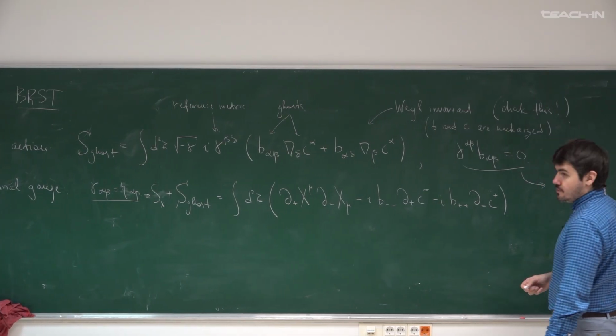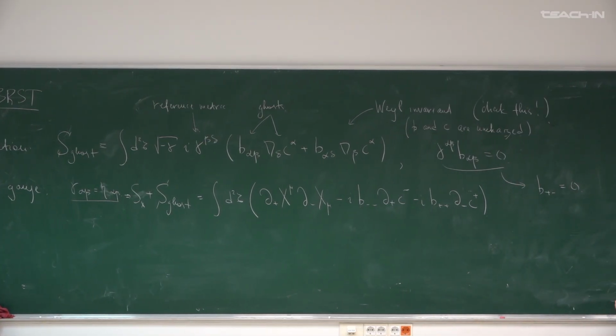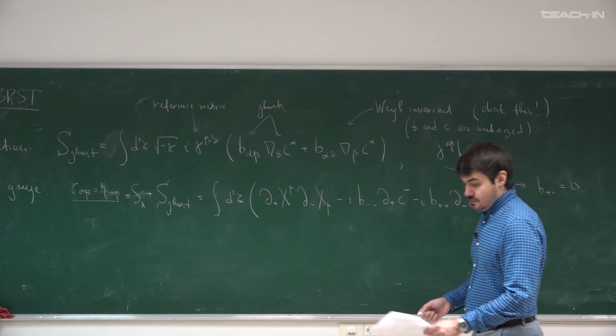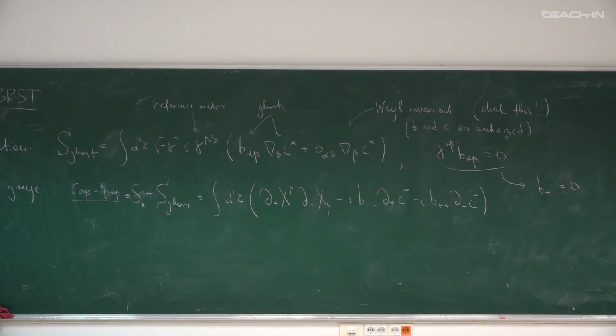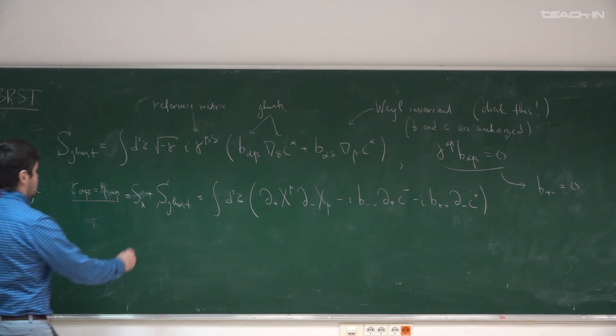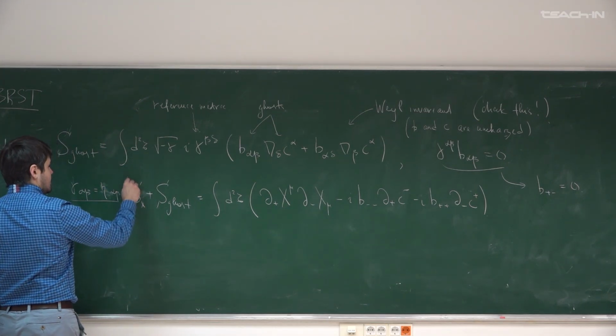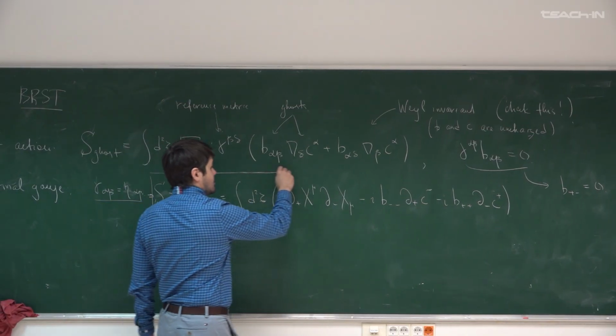So this is the trace of B, and only two components actually survive. So this is what the full matter plus ghost system looks like in conformal gauge.